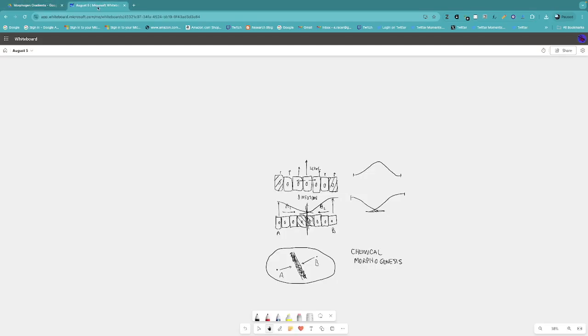So if we think about our model here, in this latest case, we have the animal pole, the vegetal pole, and we have this gradient that forms where we have animal stuff here and vegetal stuff here. And there's either some sort of smooth transition between this.